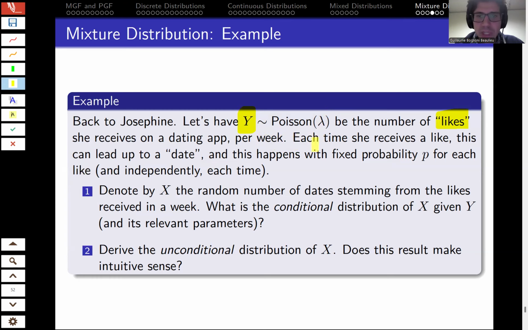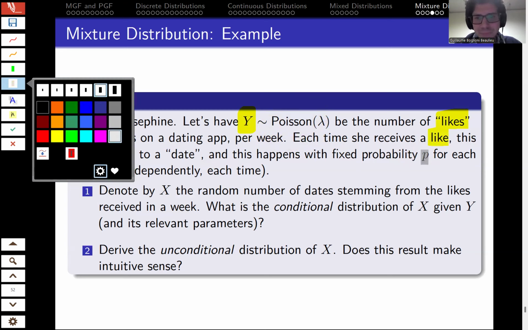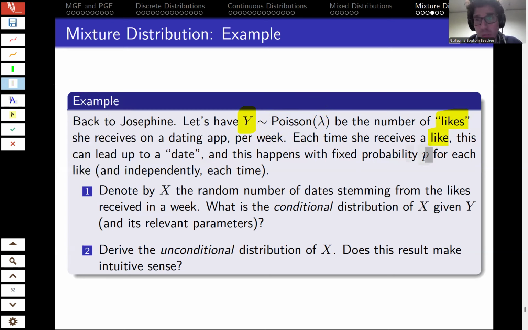Now, each time she receives a like, this like can lead to a date. Maybe she's going to match with this person, and then maybe she's going to go on a date with this person. We consider here that this happens with a fixed probability, little p, meaning that every like can potentially generate a date, but this doesn't happen all the time.